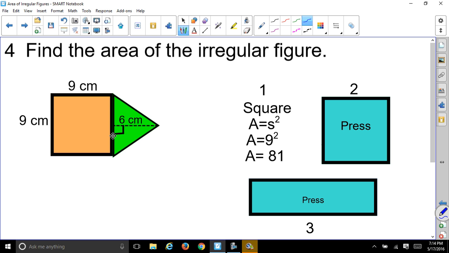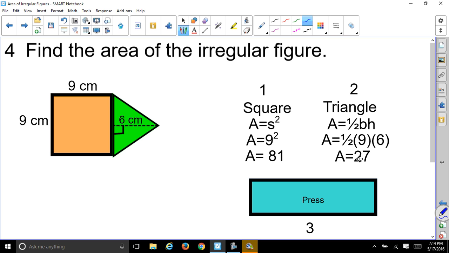So I'm going to use my formula for area of a triangle, which is multiply 1/2 times 9 times 6, and that'll give us 27. So the area formula for a triangle, 1/2 base times height, 1/2 of 9 times 6 is 27.